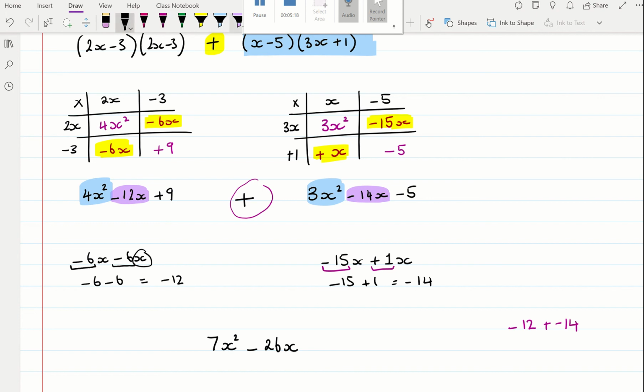Okay, and then the final like terms are the numbers. 9 add minus 5 is simply 9 minus 5. So that is a positive 4. And that is your final answer, because you've multiplied the brackets and you've added.